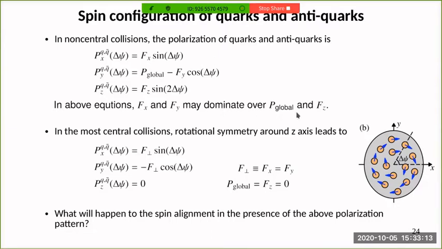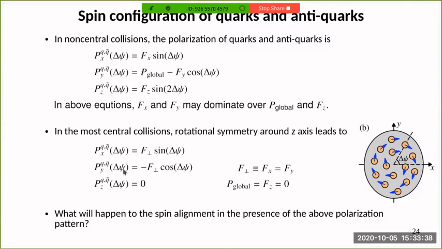In the most central collisions, there is a rotational symmetry around the z-axis. In this case, the global polarization and Fz are exactly 0, and Fx and Fy are equal. So the polarization for quarks and antiquarks is simpler, given by these equations.